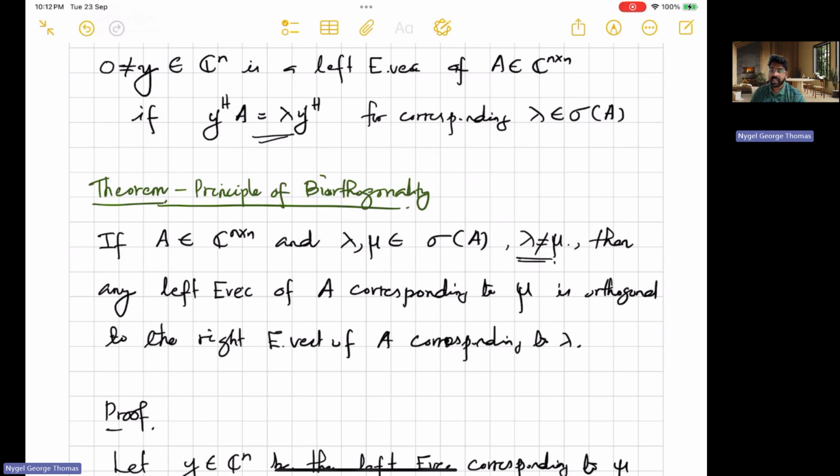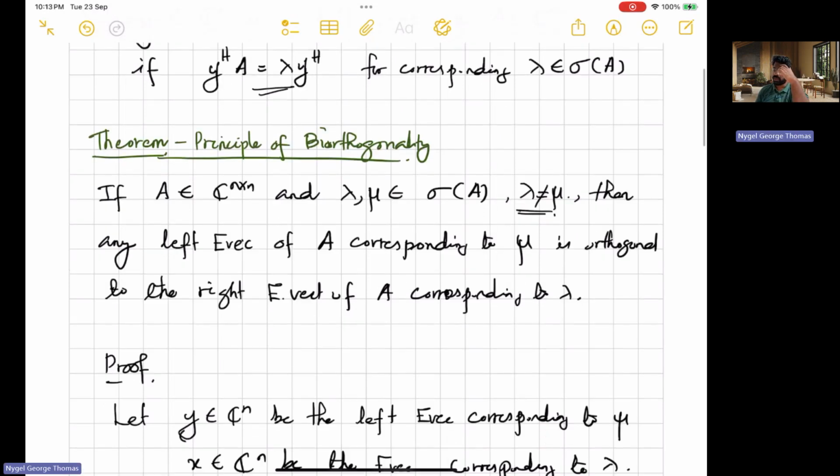If it's valid for any other lambda, we have two eigenvalues, and we have two corresponding eigenvectors. If y Hermitian is the left eigenvector and x is the right eigenvector, corresponding to eigenvalues mu and lambda, then they have to be orthogonal.